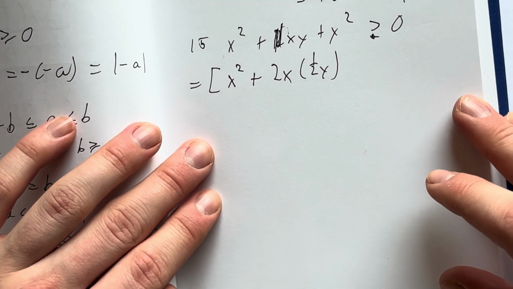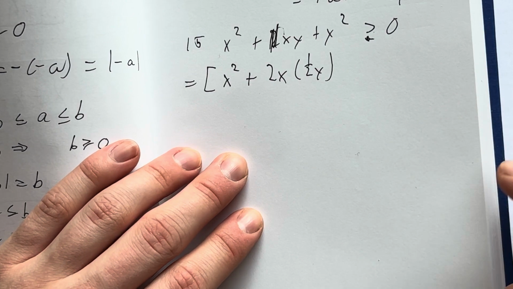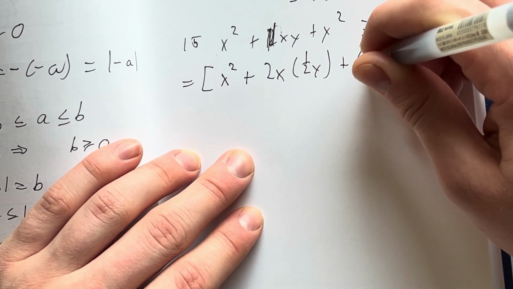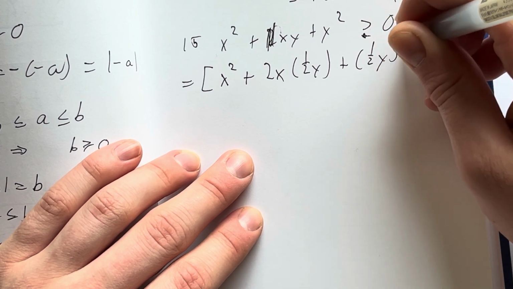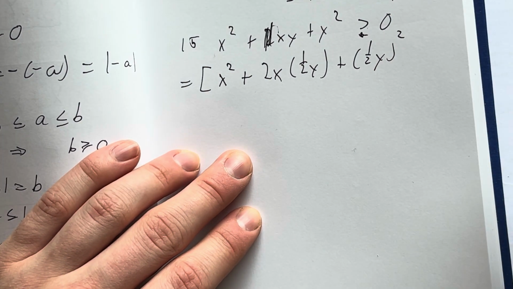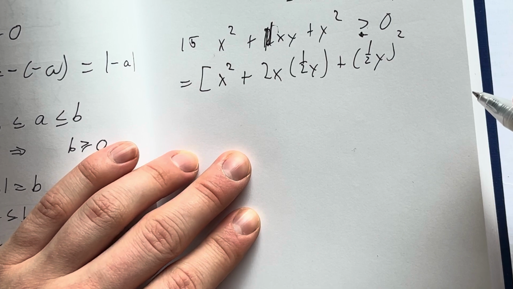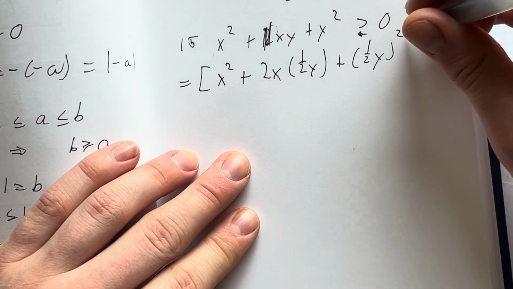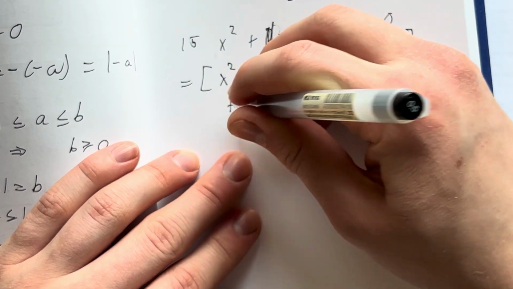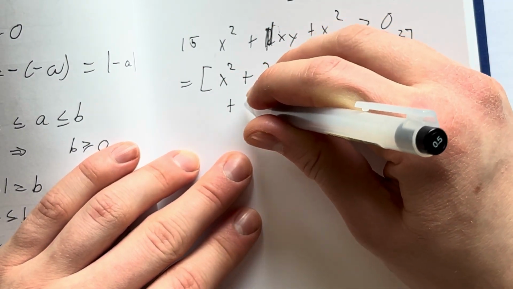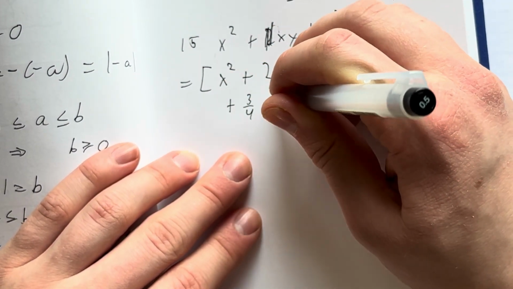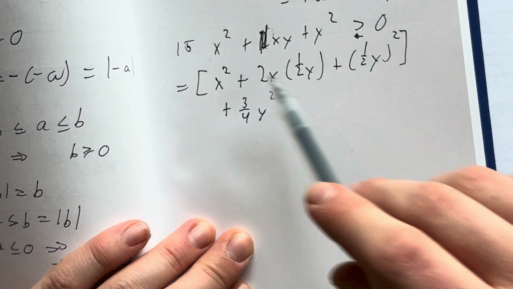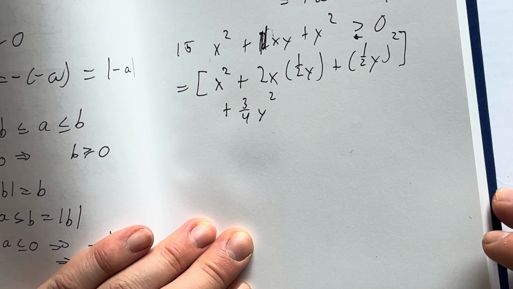You'll see soon why I do it like this. Plus the quantity 1 over 2y squared, plus 3 over 4y squared. If you want, you can confirm at home that this is indeed true.